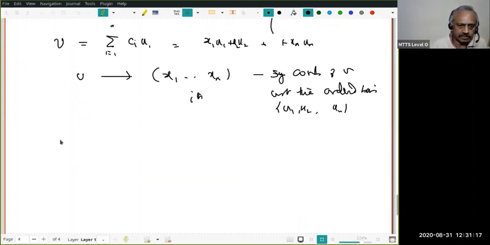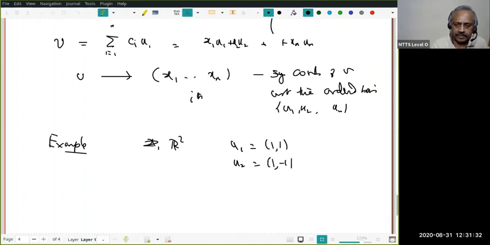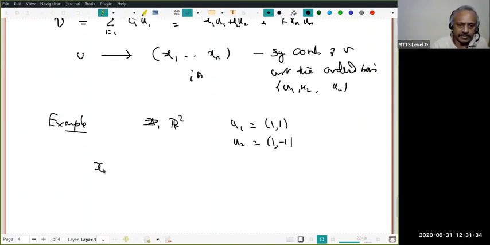For example, let us look quickly. Suppose I start with R2 and my u1 is now (1, 1) and my u2 is (1, -1). Now you give me a vector (x, y) in R2. Remember, when I write (x, y) in R2, with respect to the standard basis it is x e1 plus y e2.